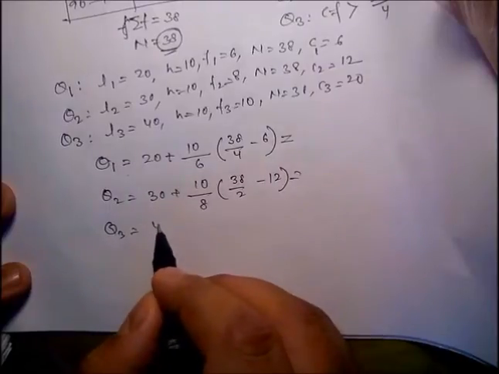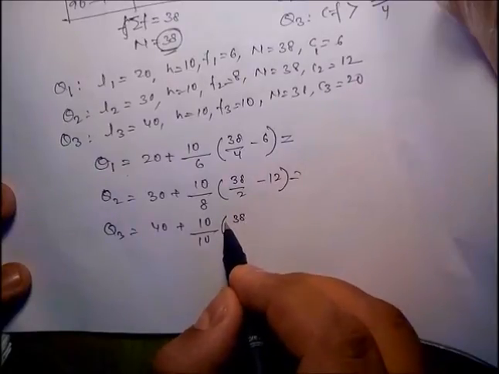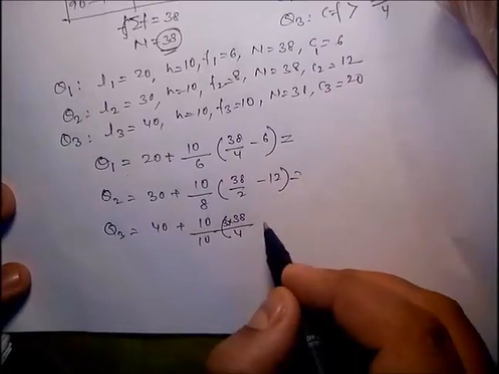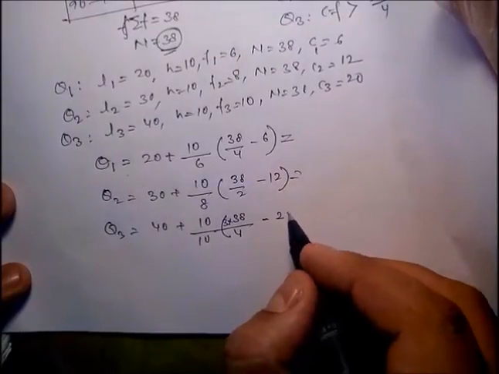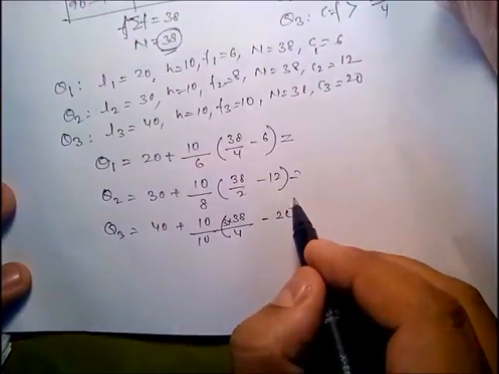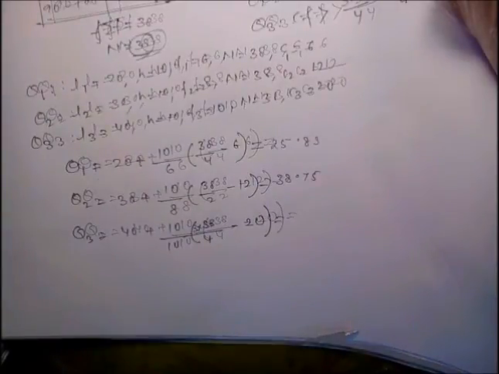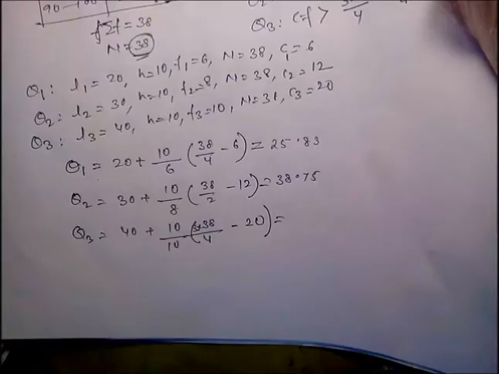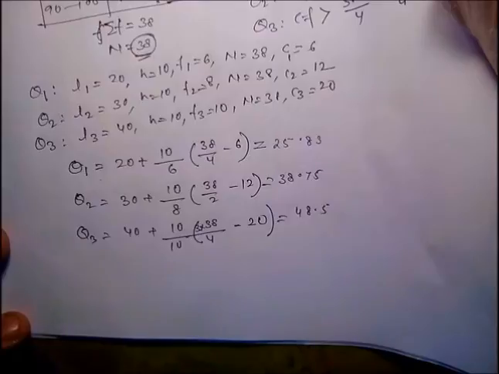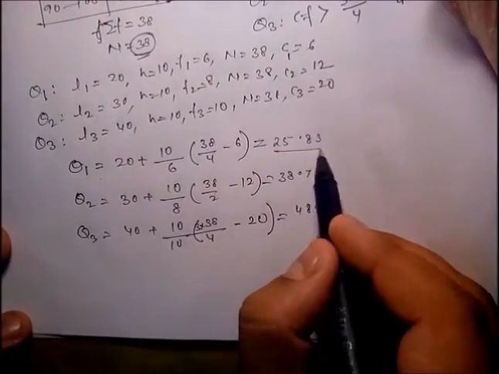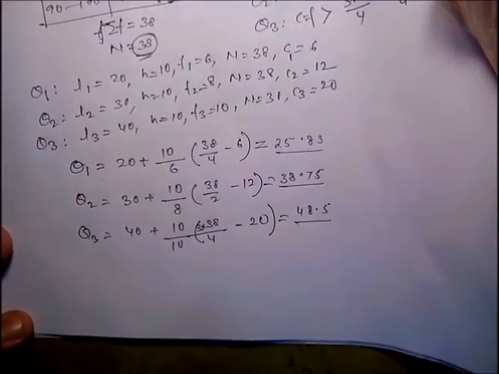For Q3, it is 40 plus 10 by 10, into 3 into 38 by 4 minus 20. So we can easily calculate. The Q1 value is 25.83, Q2 value is 38.75, and Q3 value is 48.5.